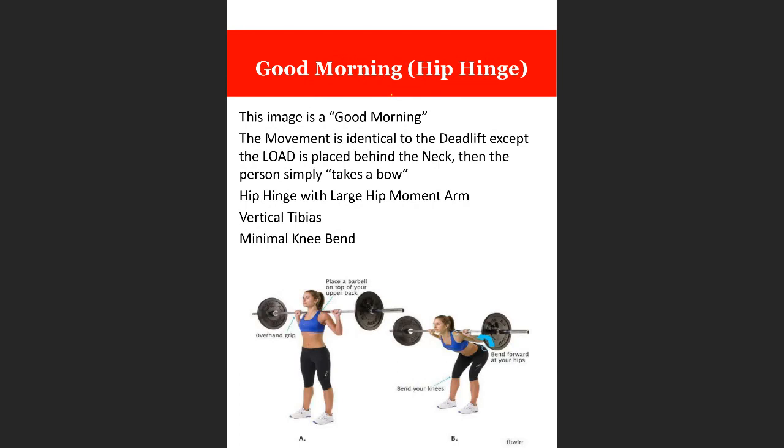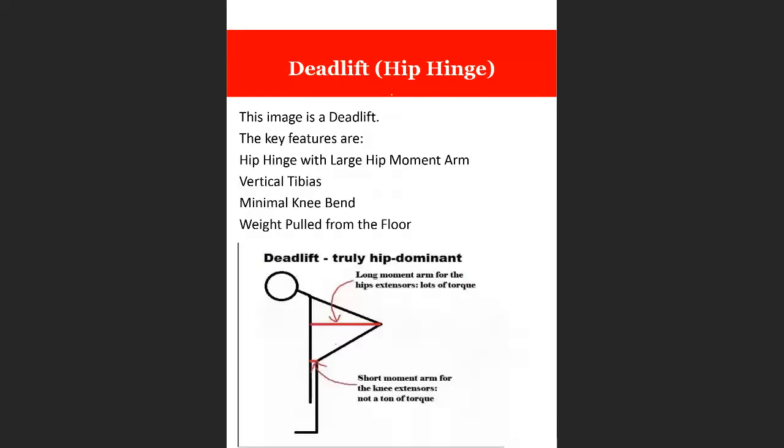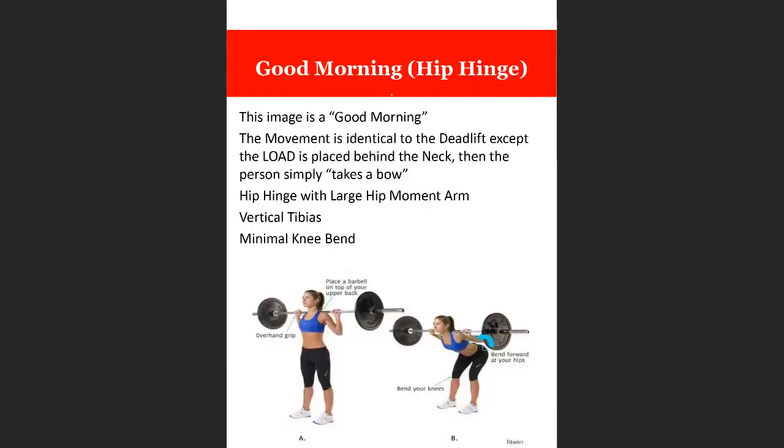So here we've changed the load. Deadlift is when you're picking something up from the floor, like a box. And then a good morning is different. Here we're focusing on the eccentric load. So we've got the bar behind the back, and as we lean forwards, what muscle group are we working eccentrically?